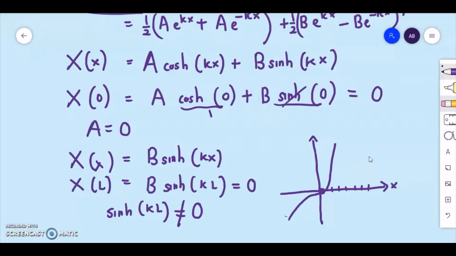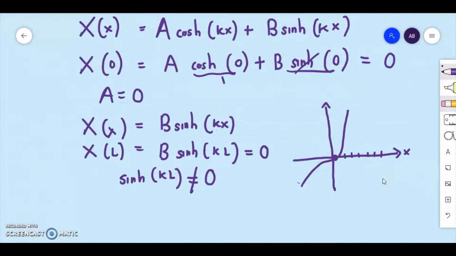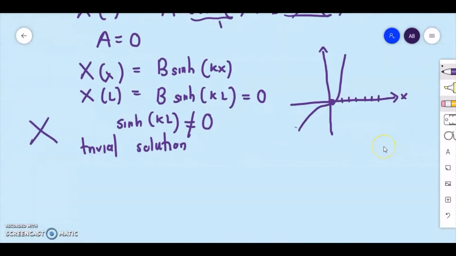So there is no value of kappa L for which it equals 0. Therefore, it also gives you the trivial solution. Okay, so I cannot consider the case lambda greater than 0.